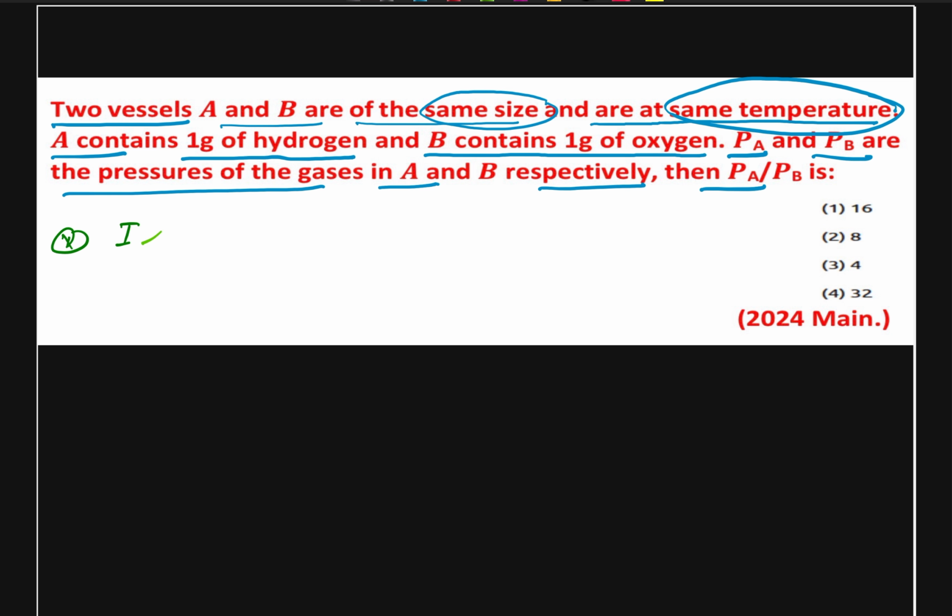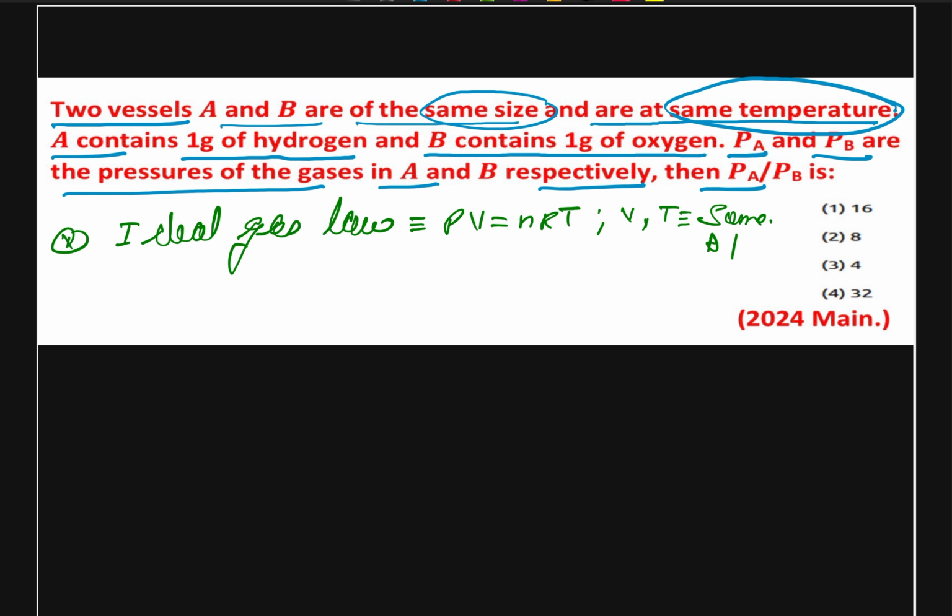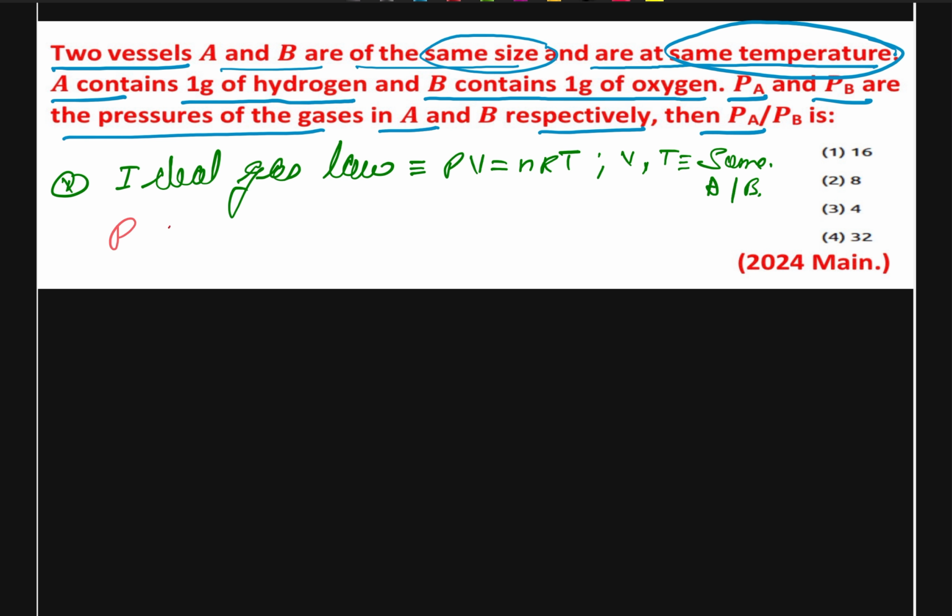The ideal gas law gives that PV is equal to nRT, and they are the same size, so the volume and temperature will be the same for both A as well as B. Therefore we can write that P will be directly proportional to n, because R is already a constant, where n is the number of moles.